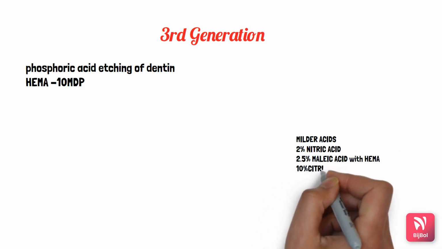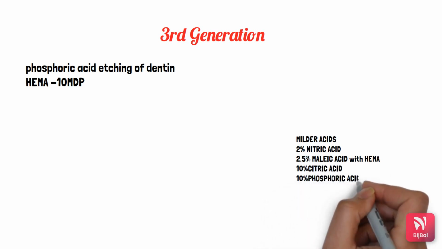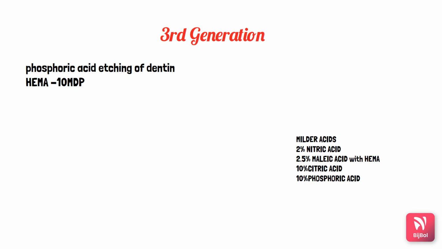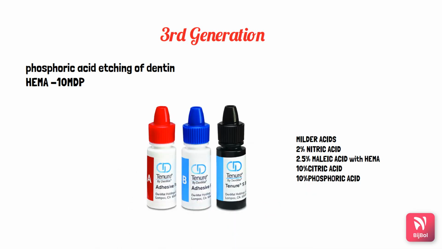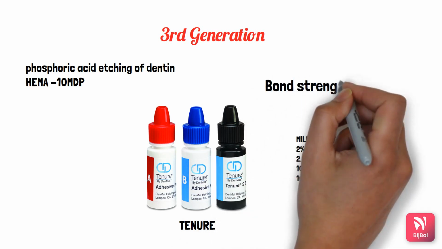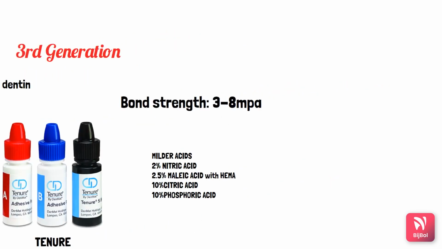The third generation dental adhesives use milder acids like 2% nitric acid and 2.5% malic acid with HEMA products. The commercially available products are Tenure, Scotchbond 2 and CNB Metabond. However, the bonding strength of this third generation is also very limited.